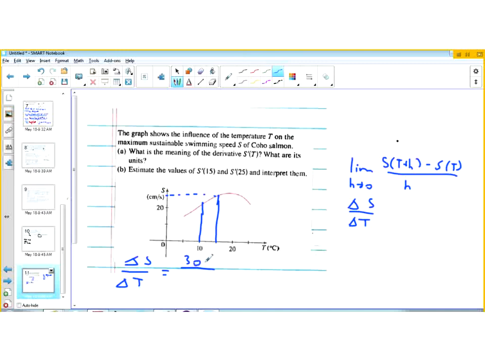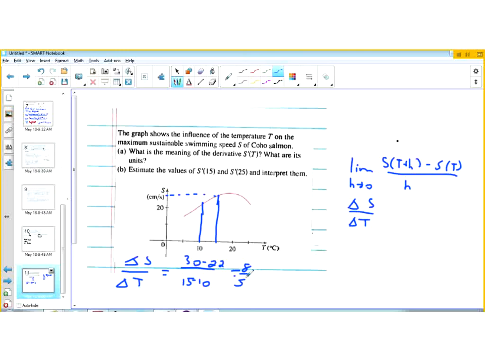So S at 15 would be roughly 30, minus, say, S at 10 would be 22, divided by 15 minus 10. I'm guessing here. So that would be 8 over 5.